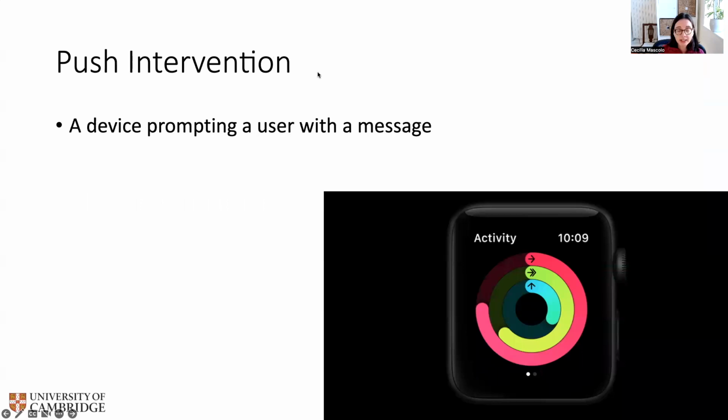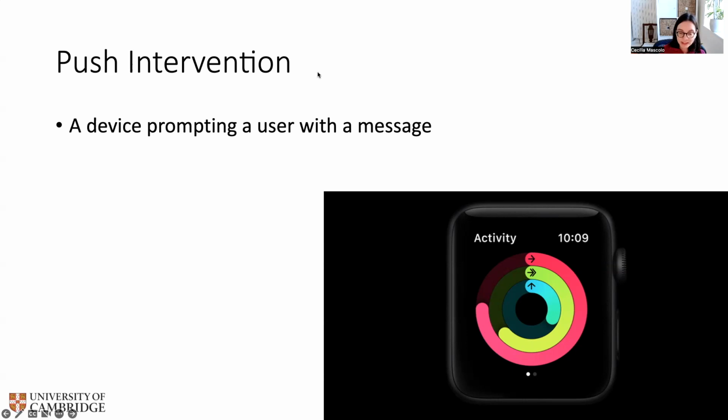Push intervention is a device prompting a user with a message. For example, a watch indicating that you haven't closed your activity ring. I don't know, many of you received certain messages, but these are soliciting you to perhaps go out and do a few more steps to close that ring.